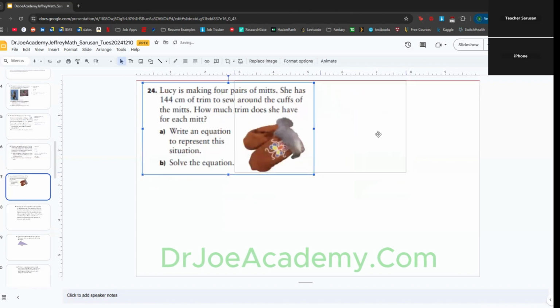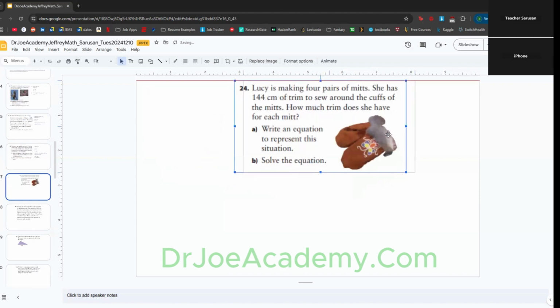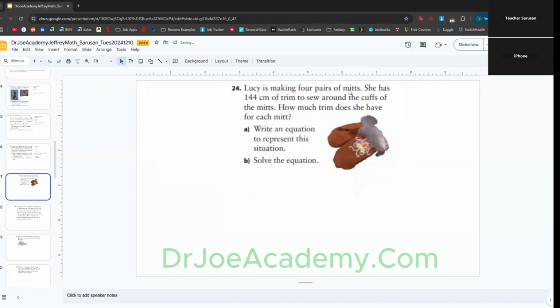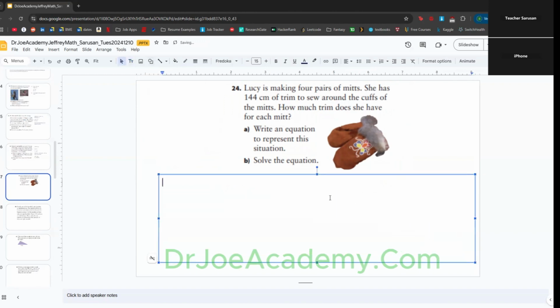Lucy's making 4 pairs of mitts. She has 144 centimeters of trim to sew around the cuff. How much trim does she have for each mitt? Oh, so is it just asking me 144 divided by 4?